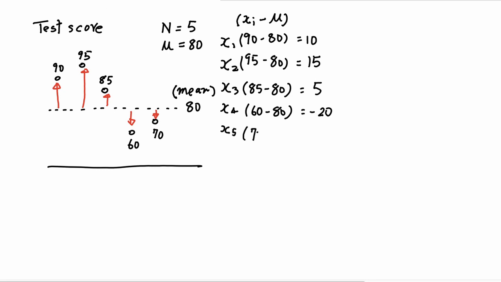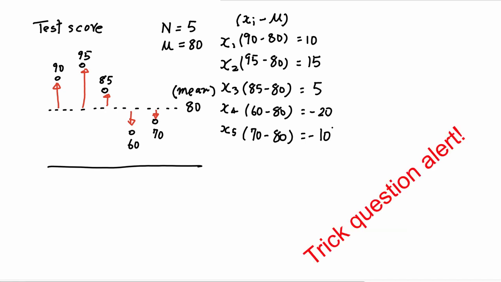And we have 70 minus 80. This is another negative number, that's a negative 10. Now, I'm trying to work out the average of all these distances, so I'm going to add them all up and divide it by the number of test scores, which is 5.